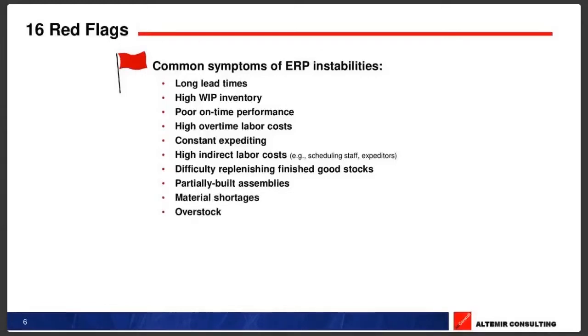Material shortages, perhaps coexisting side by side with overstock. That means that in some places you may have too little material, and in other places you have too much. And we can take a look at that in the context of raw materials as well as finished good inventories.